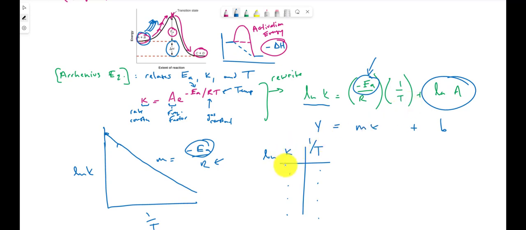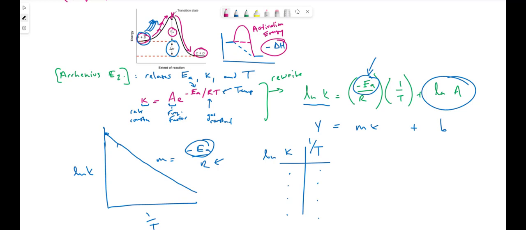So how do we measure k? Well, hopefully that jogs some memories of what we've just been covering. That would require you first to make measurements of the concentration of whatever species you're interested in as a function of time. Let's just say we're talking about the decomposition of ozone again.